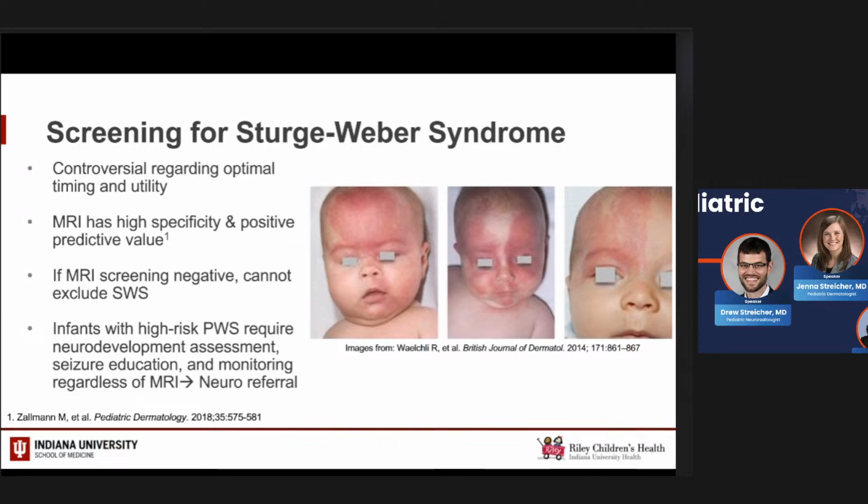If an MRI screening is negative, though, it doesn't completely exclude Sturge-Weber, and we still have to follow them over time, especially those in a higher risk location. Infants with a high risk port wine stain always require close neurodevelopmental assessments. So I'm always talking with them about development. And when they're in these high risk locations, I'm referring to neurology for seizure education and monitoring.